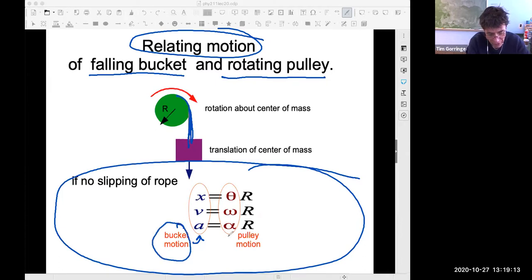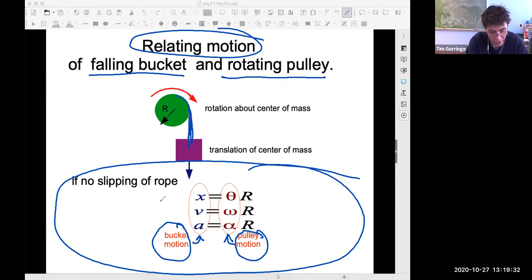Over here on the right-hand side, these are the quantities that describe the rotational motion of the pulley. So the angle of the pulley, the angular velocity of the pulley, the angular acceleration of the pulley. They describe the pulley's motion.